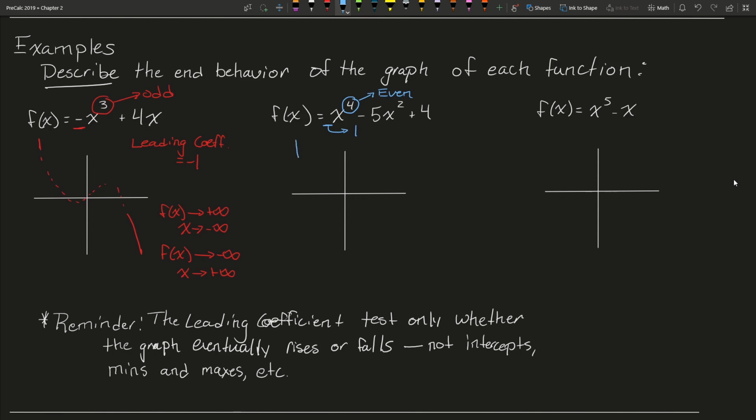So it'll start up top, some things will happen in the middle, and then it'll end up top. So f of x will approach positive infinity as x approaches negative infinity, and f of x will also approach positive infinity as x approaches positive infinity as well.